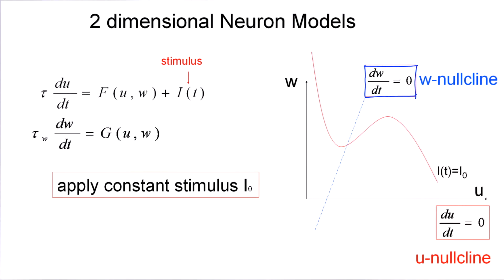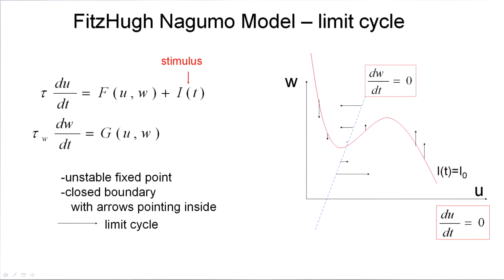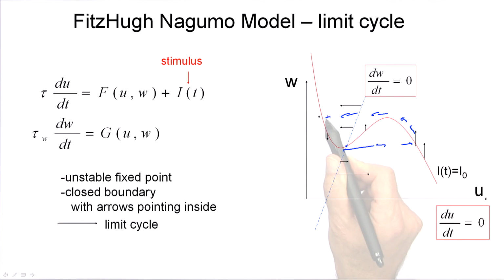And if the curve is shifted upwards, what happens is that at some point the fixed point loses stability. Now, if the fixed point is unstable, and moreover, we can construct a closed boundary around it such that all arrows point inwards, then we know that there must be a limit cycle which corresponds to repetitive firing of the neuron.